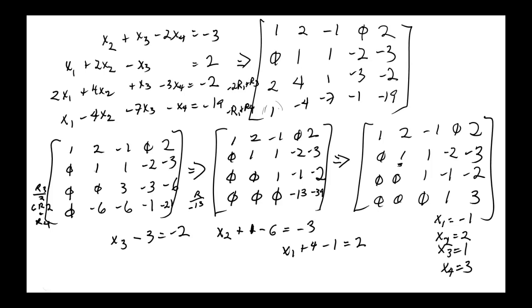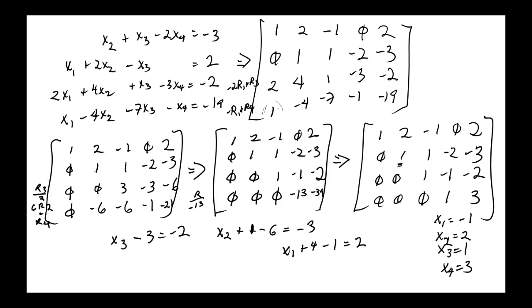Now, it's not impossible, but it does get a little tedious. Let's check and see if it's right. 2 plus 1, that would be 3, minus 6 would be negative 3. Negative 1 plus 4 would be 3, minus 1 would be 2. That's right.